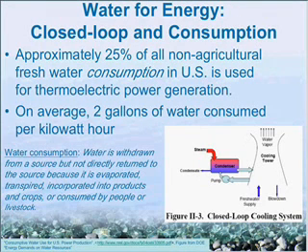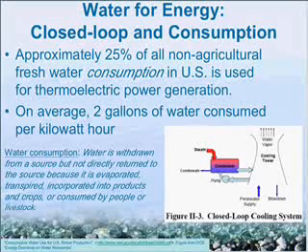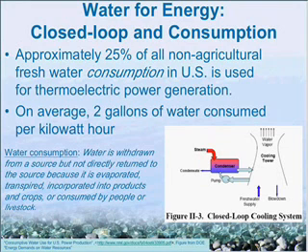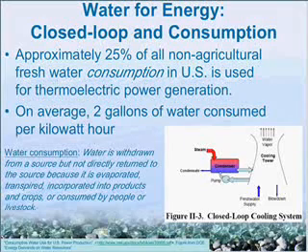So in the case of a closed-loop system, a whole lot less water is actually withdrawn from the environment, but that water is then put into the system and recirculated and cooled down, typically using a cooling tower or a cooling pond. And the process of cooling that recirculated water ultimately loses a lot of that water through evaporation.